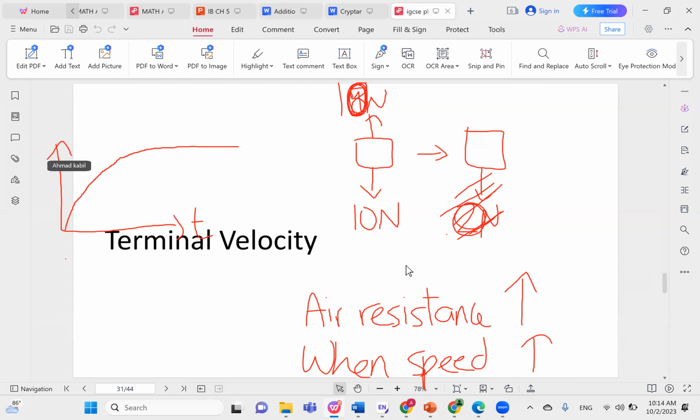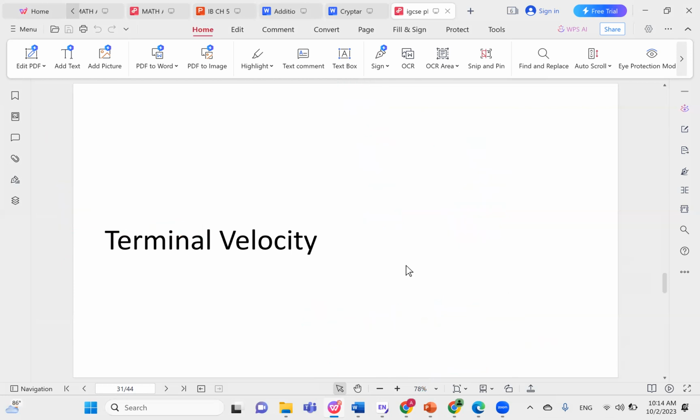So this is a speed time graph, and this threshold here is our terminal velocity. The following questions will be targeting this concept. Let's move on.